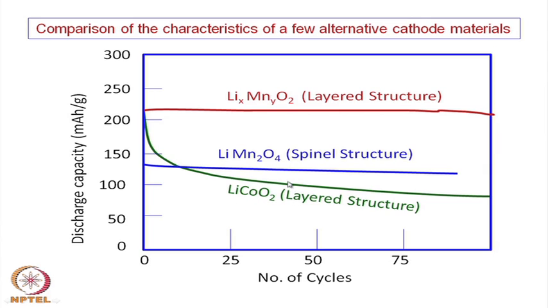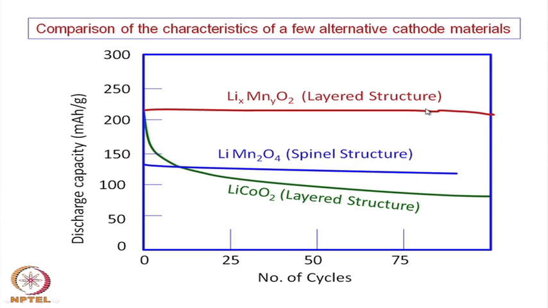Now, compared to that, there are alternatives here which we have just discussed. One is spinel type, LiMn2O4 is one of them, and LiMnO2. This is the same structure, only thing cobalt has been replaced by manganese. So far as the electrical characteristics is concerned, of course, is quite good.